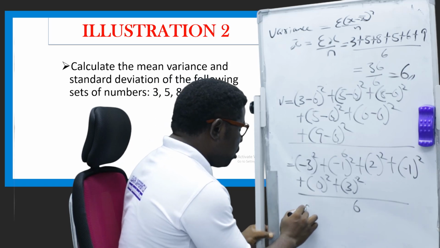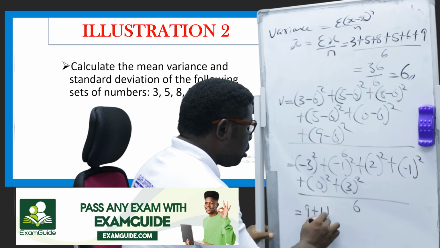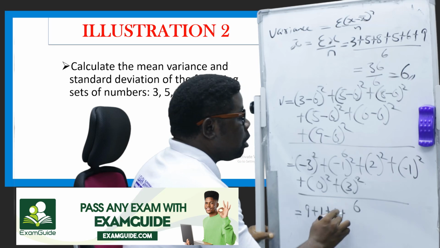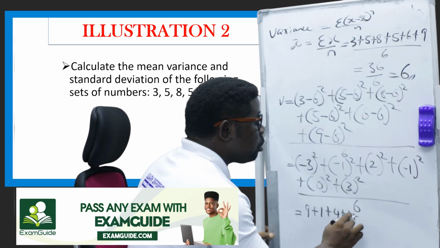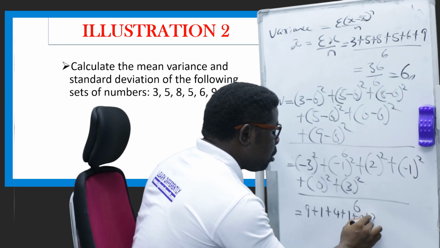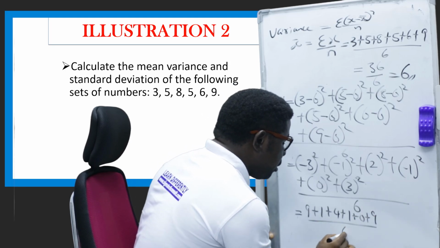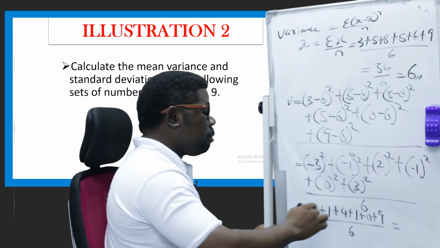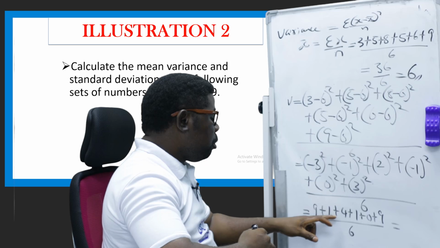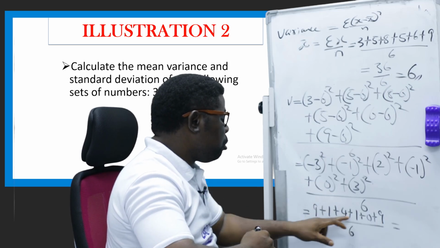If you do that, 3 times 3 is 9, plus 1 times 1 is 1, plus 2 times 2 is 4, plus 1 times 1 is 1, plus 0 times 0 is 0, plus 3 times 3 is 9. Adding up, 10 plus 10 is 20, plus 4 is 24.